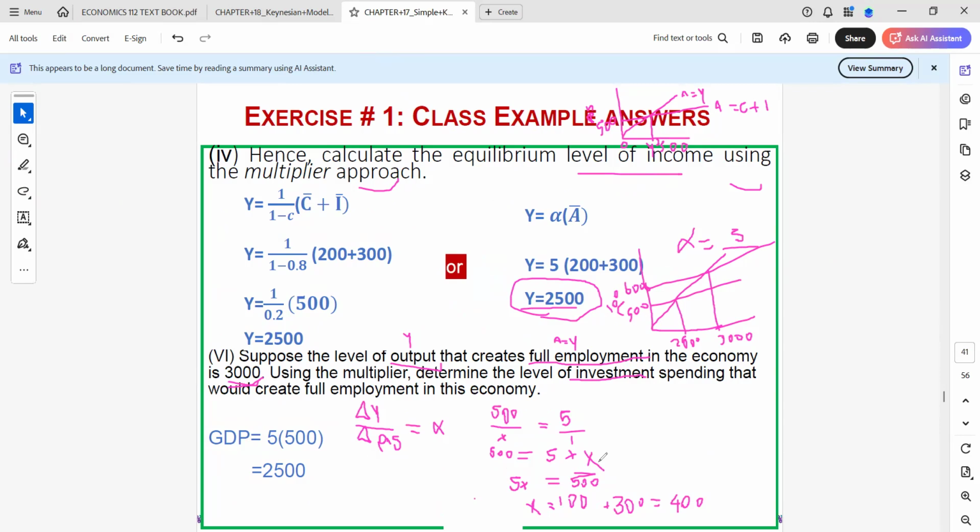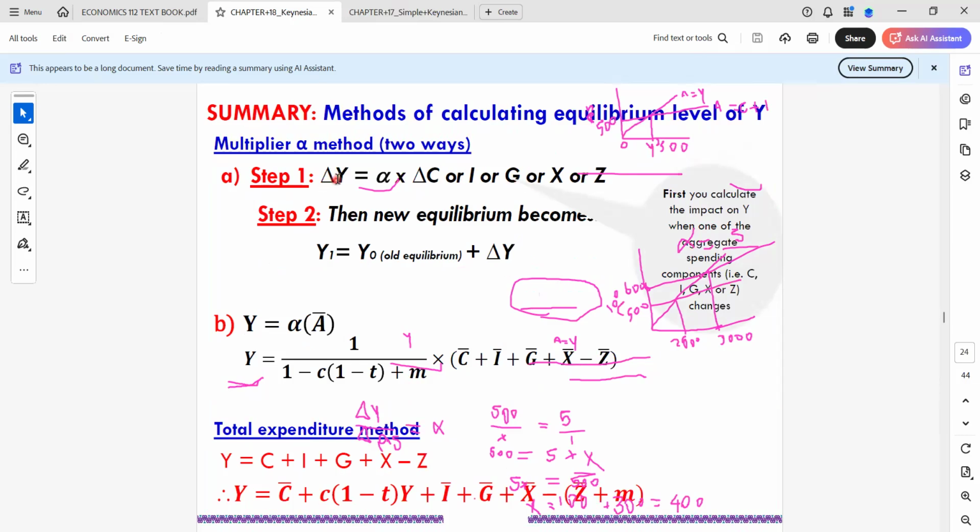And then in chapter 18, we still see this formula is still the same, but it looks a bit different. I'm going to show you how it looks. Okay, it looks like this, right? Where now a change in income is equal to the multiplier times a change in any autonomous component of aggregate expenditure, right?